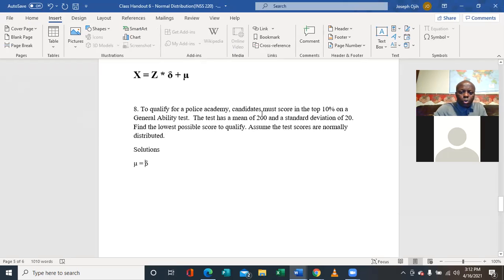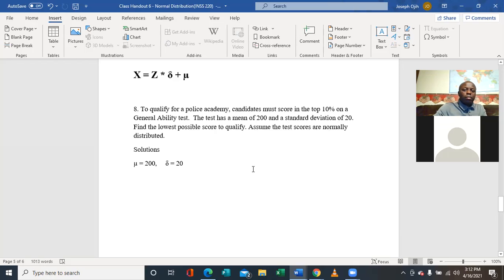The mean is 200, the standard deviation is 20, and the probability they gave us is 10%.